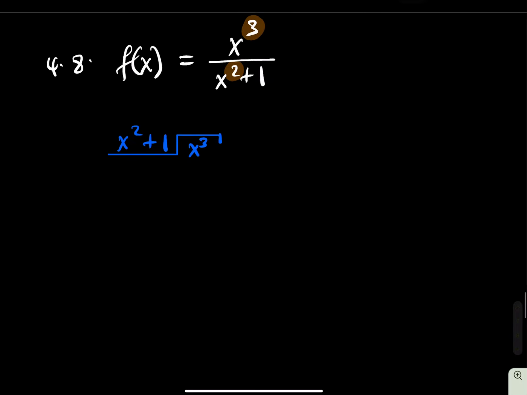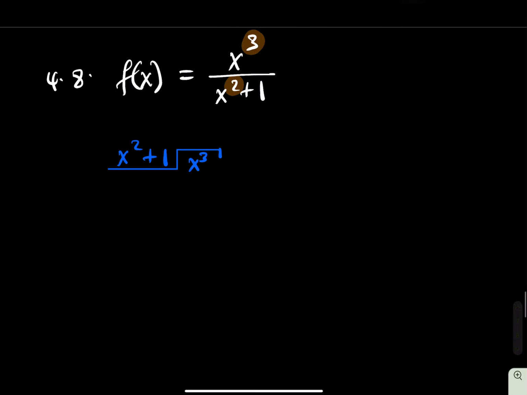You ask, what will I multiply with x squared to give me x cubed? That is x. So x times x squared gives you x cubed, and then x times 1 gives you x.